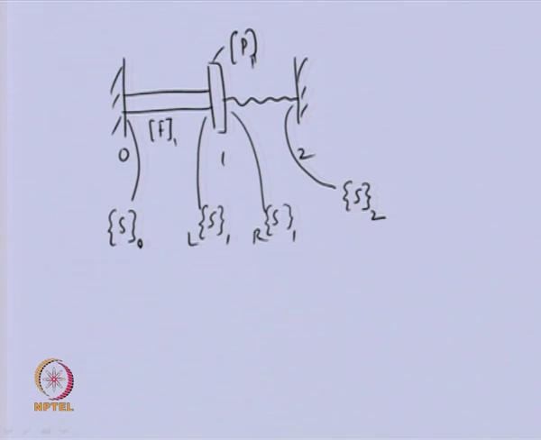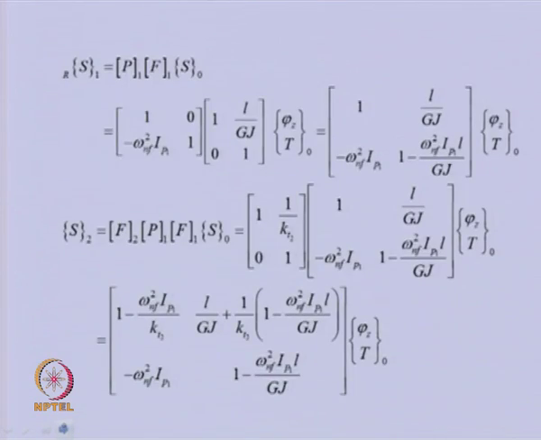This spring is identical to a field matrix because it acts just like a shaft with stiffness Kt, now Kt2. So, this can be considered directly as a shaft. Now, we need to relate all these state vectors.